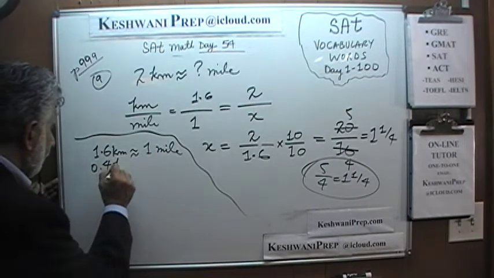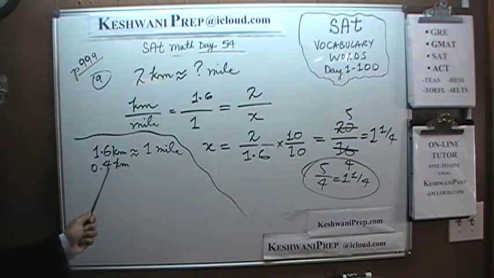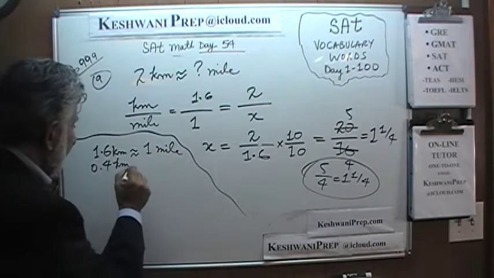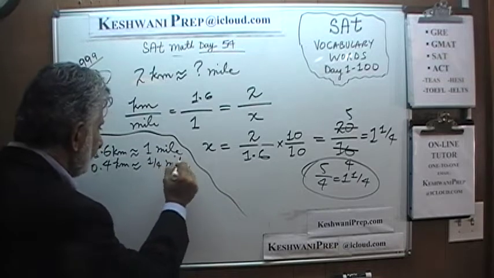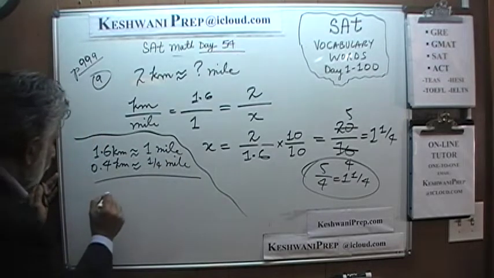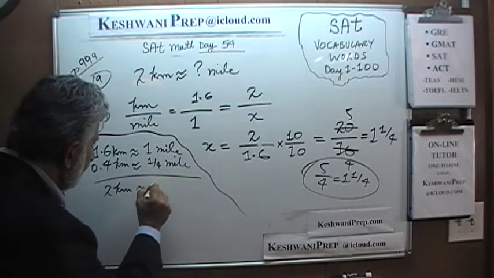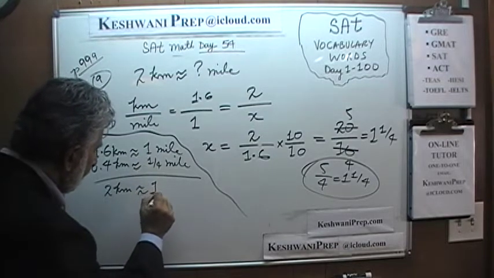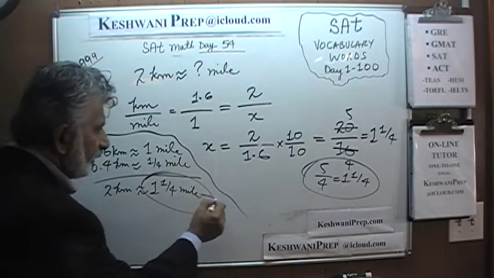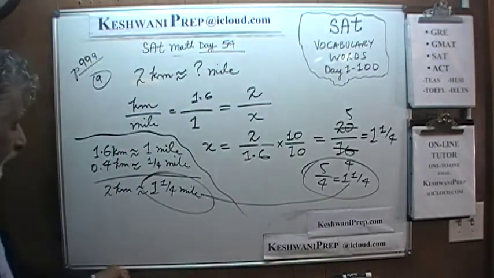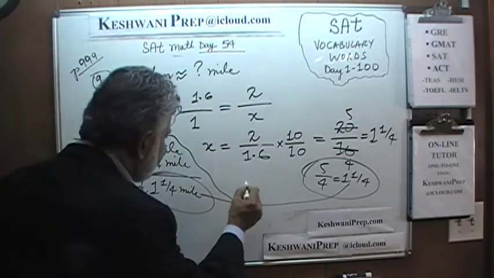If 1.6 kilometers is 1 mile, then a fourth of that amount should be approximately 1/4 mile. So there you go. 2 kilometers should be approximately 1 1/4 miles. Just like before. And that was answer choice B.